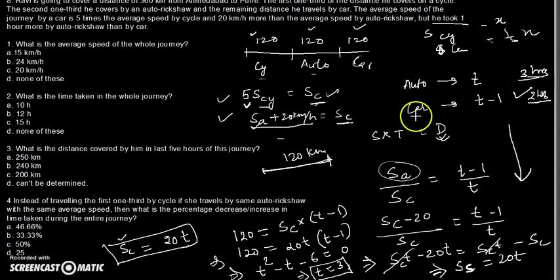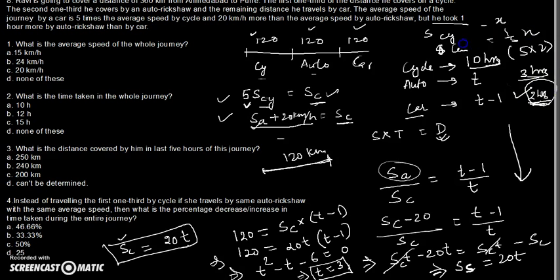So if the car takes 2 hours, the cycle will take 5 times the time taken by the car, 10 hours, which is directly 5 into 2.